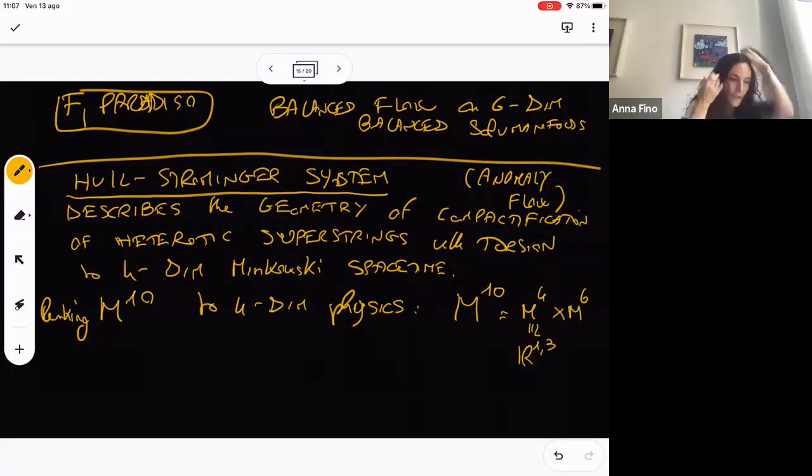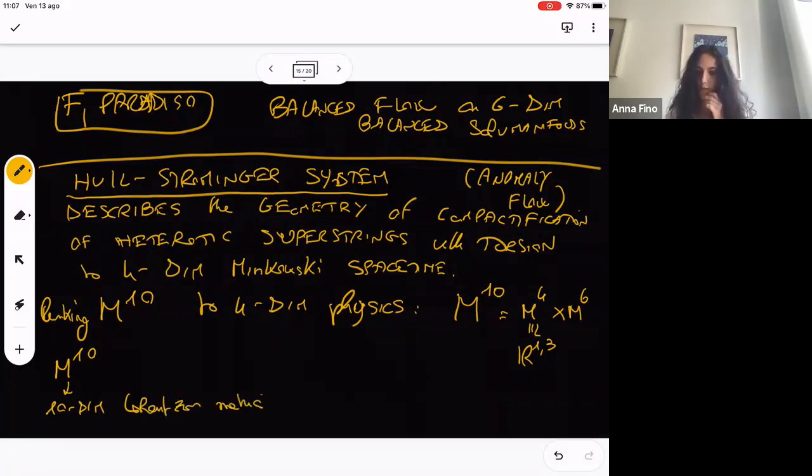And essentially you have a 10-dimensional Lorentzian metric, and this Lorentzian metric on the product can be either a product or a warped product. We'll see in a moment the difference. So we have this Lorentzian 10-dimensional manifold, which is this product.